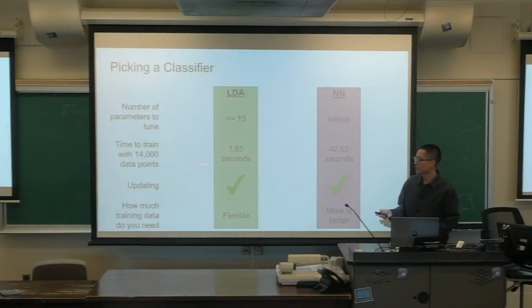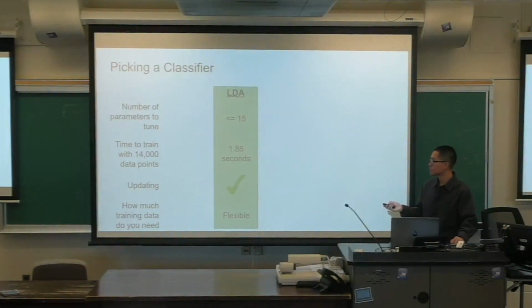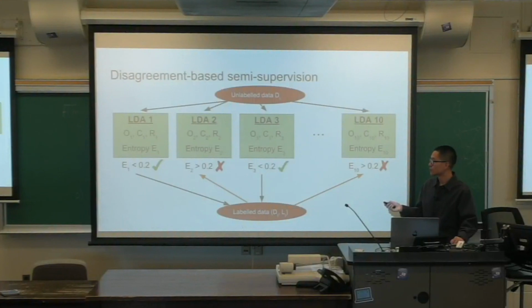The problem that a neural network takes a longer time to train is problematic. It's going to cause a lot of delay on the device while the patient is using it. So we eventually go with LDA. So this is the overall algorithm that we are using.